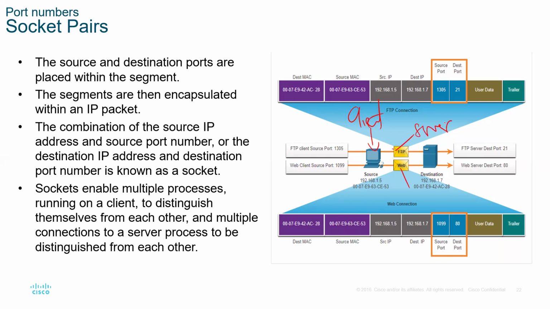The socket pair is just a combination of the IP address and the port number, which is used to distinguish multiple processes. With layer 3, we distinguish the destination using the IP address.